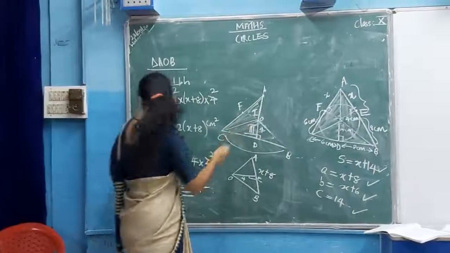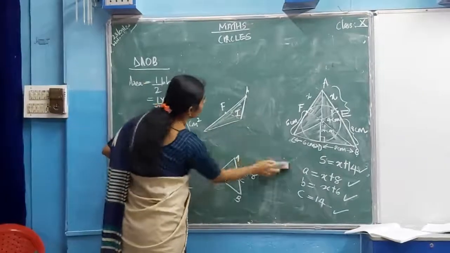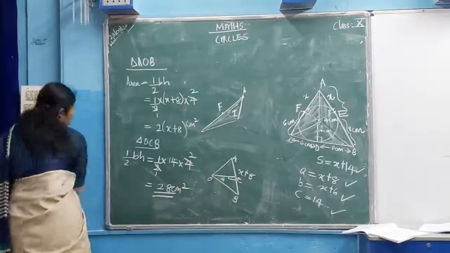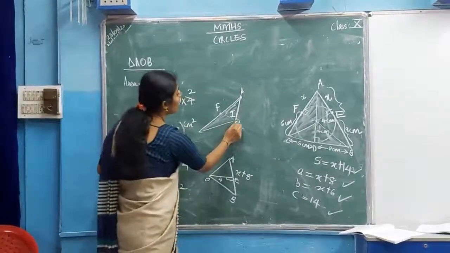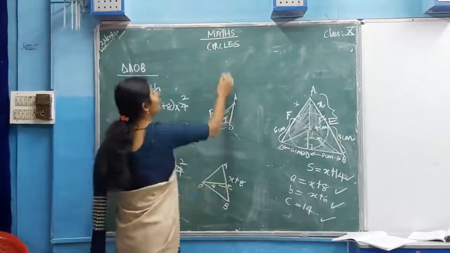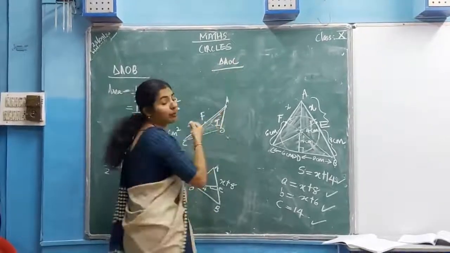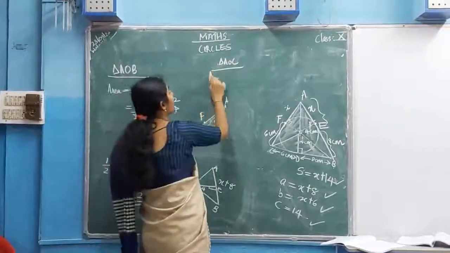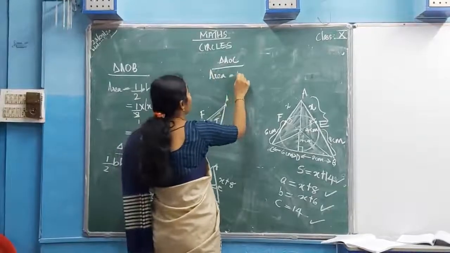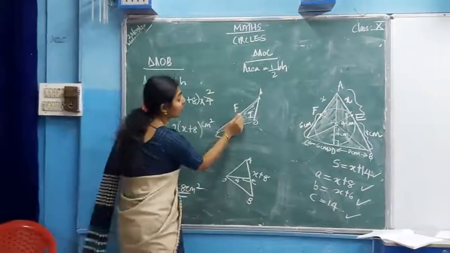Now there is one third triangle, which is triangle AOC. When you consider triangle AOC, applying the formula, area of triangle is half into base into height. What is the height of this triangle?